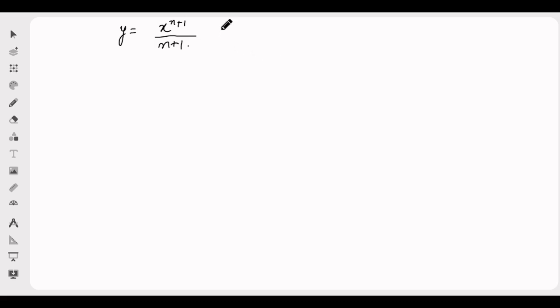Now derivative of this function, dy by dx, is equal to n plus 1 x raised to the power n plus 1 minus 1, upon n plus 1. So you will get x raised to the power n.